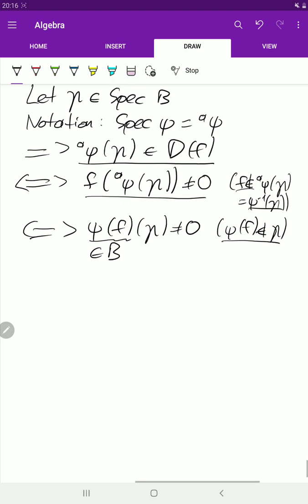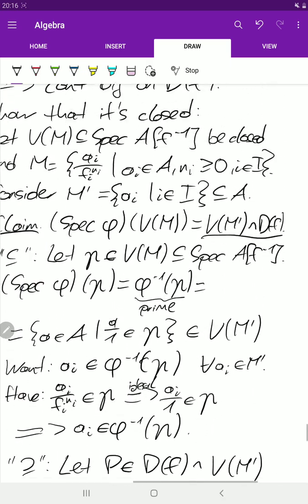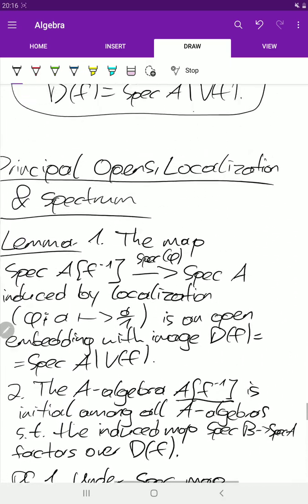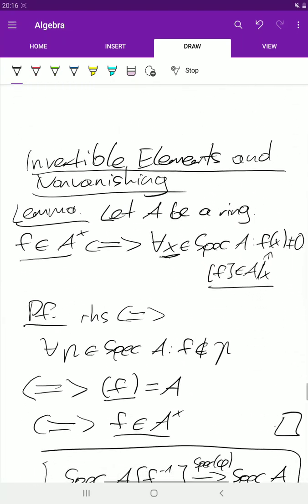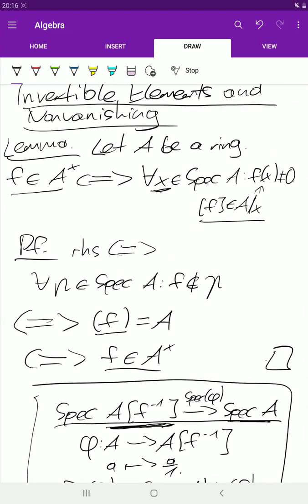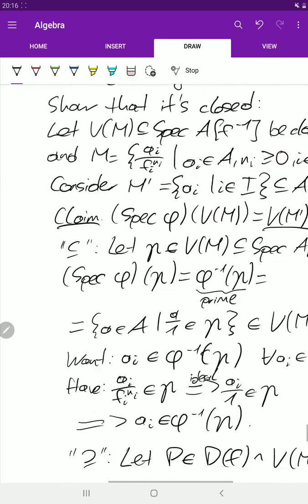And now we have the lemma from the previous video. So let me maybe show you. We have that f is invertible if and only if for all elements x in the spectrum, f of x is not 0.